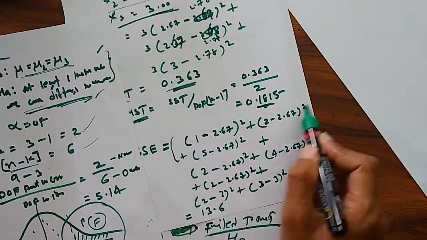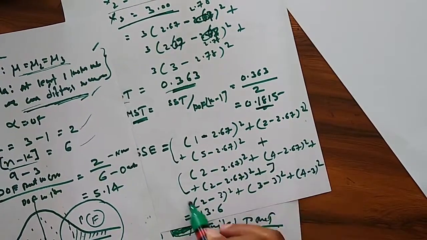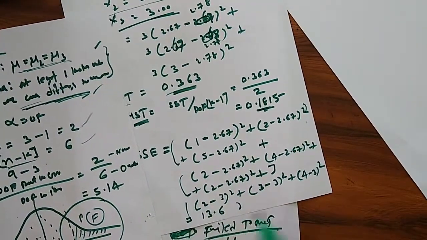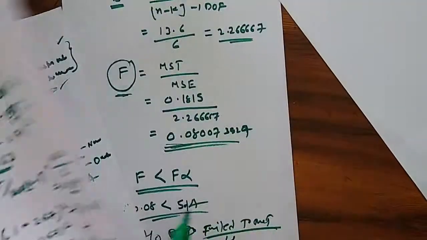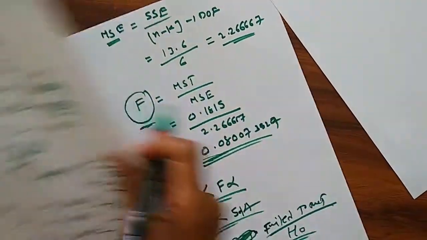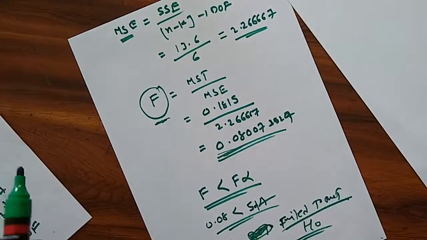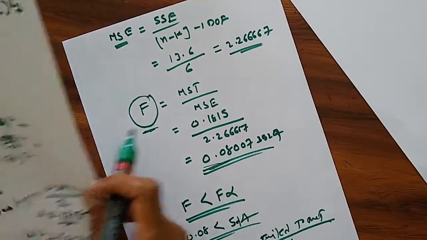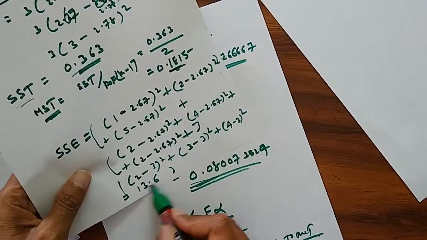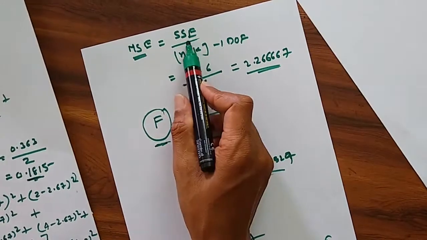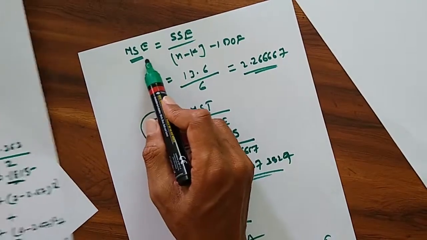This is the first sample and you need to perform this for all the samples. Once you calculate, you will get our SSE. Our SSE is 13.6.